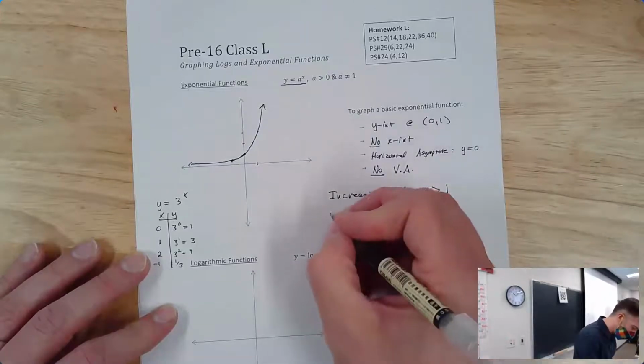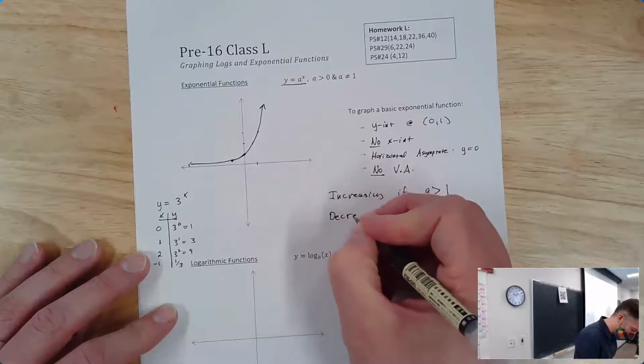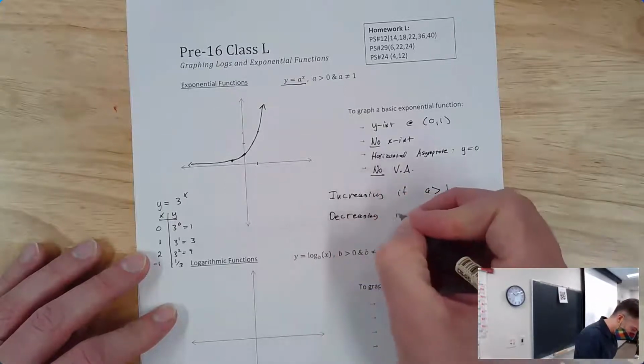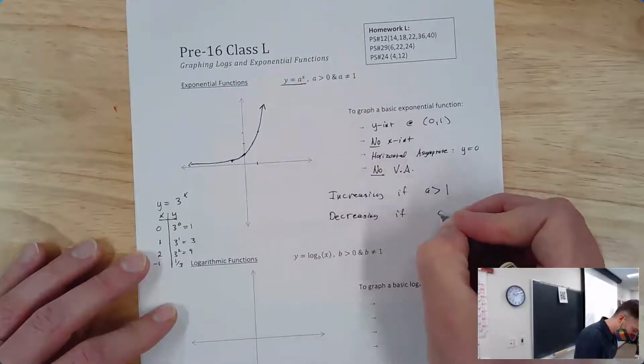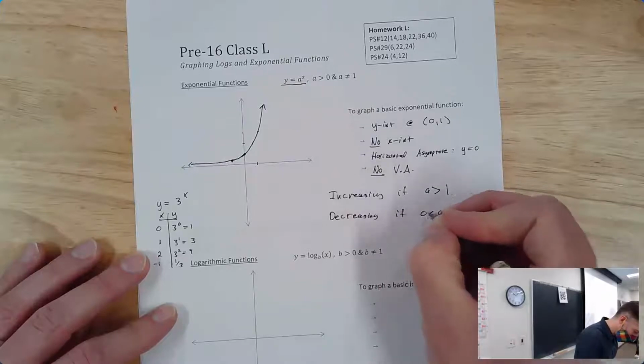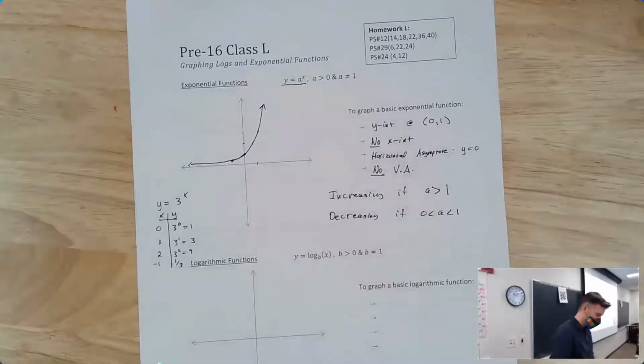And it's going to be decreasing, which we'll see on the next page, if the base is between 0 and 1. And the only other thing I think you want to be aware of is that if the base is larger, the graph is going to be steeper. If the base is smaller, the graph is going to be less steep.